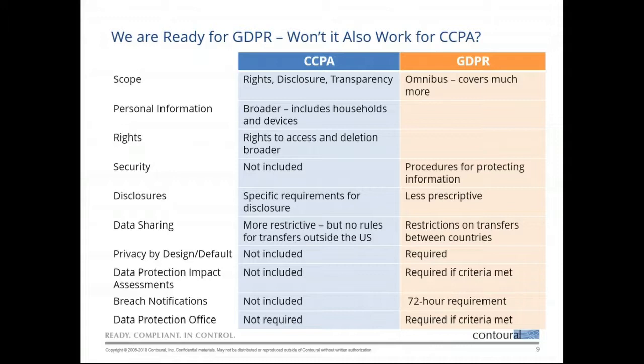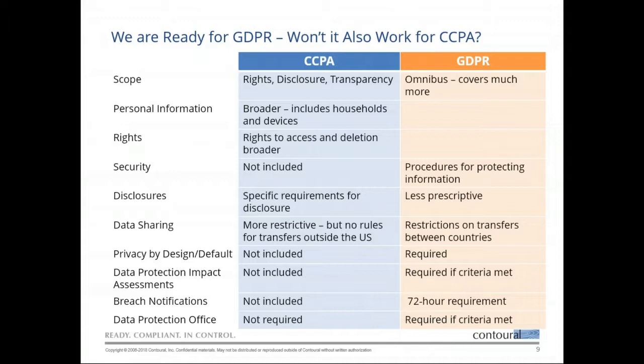Conducting data protection impact assessments makes sure that whatever business process or technology you implement is adequately protecting information. Breach notification: California has a data breach law already, and that may need to be brought into alignment with the California privacy law, but it's not included the same way that GDPR is. And then finally, there are no requirements for a data protection officer or office or any type of organizational structure.